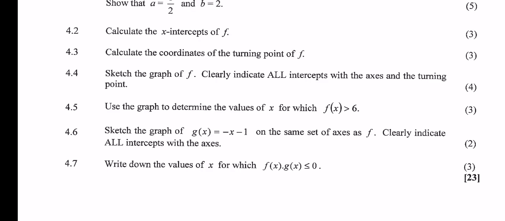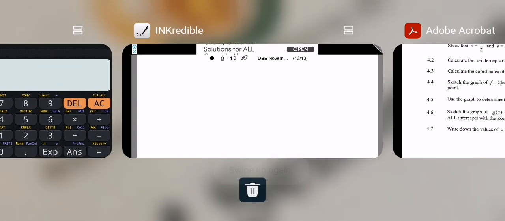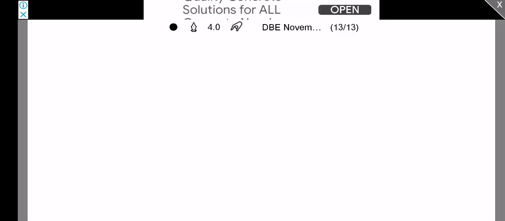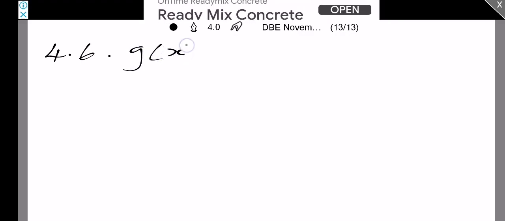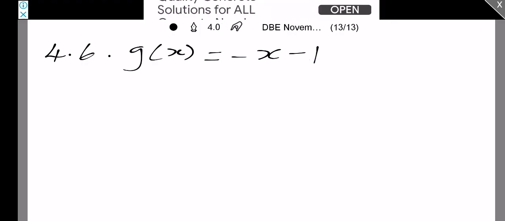Sketch the graph of g of x equals negative x minus 1 on the same set of axes as f. Clearly indicate all intercepts with the axes. We are given g of x equals negative x minus 1. Now let's determine the intercepts.